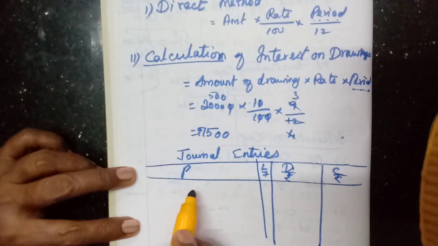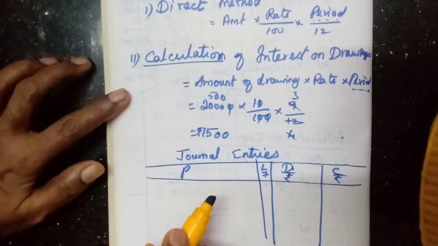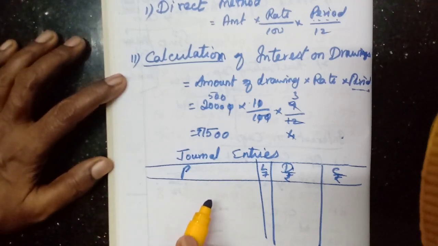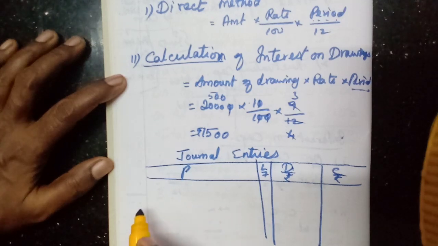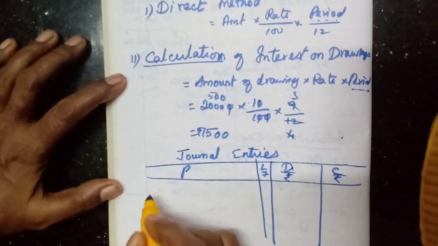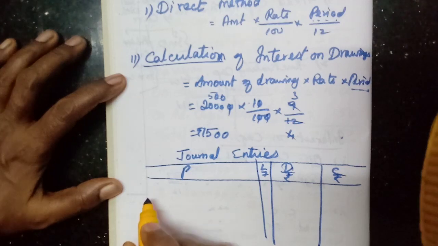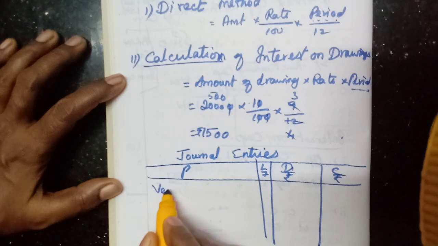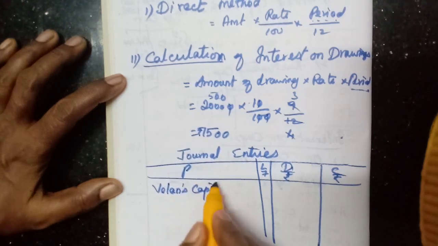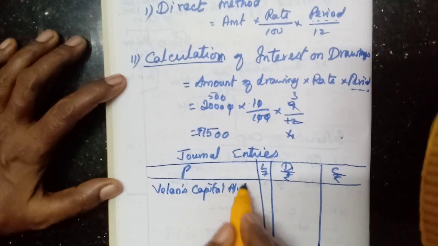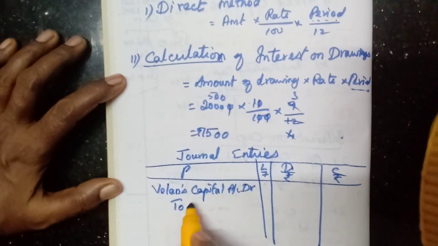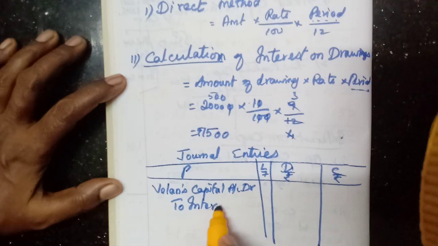Partner's capital account or current account. For that purpose only, the last sentence they have given is fluctuating capital method. Under the fluctuating capital method only capital accounts are prepared. So partner's capital account. Here, who is the partner? Velan. So Velan's capital account debit to interest on drawings account.